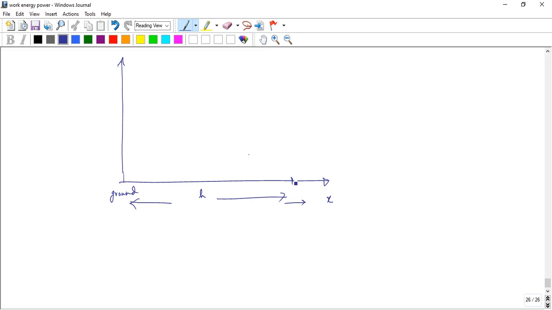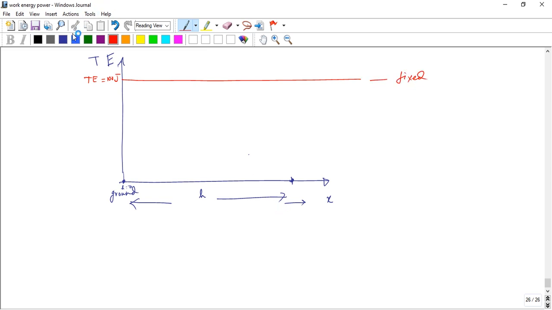At the ground, the origin, h is 0, and the y-axis represents energy, the total energy. Here the total energy is constant, a fixed value. Suppose the total energy, TE, is some 100 joule. That is a fixed value.